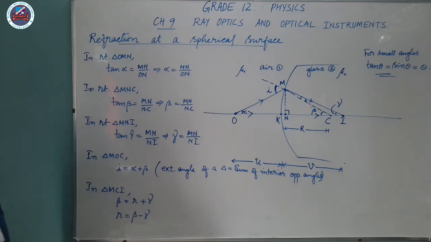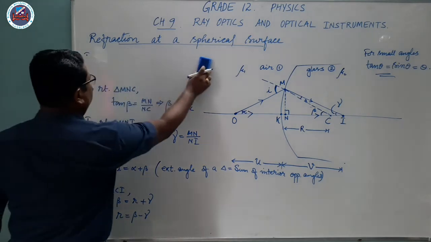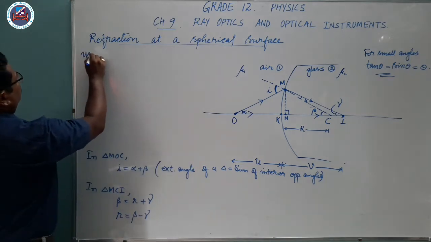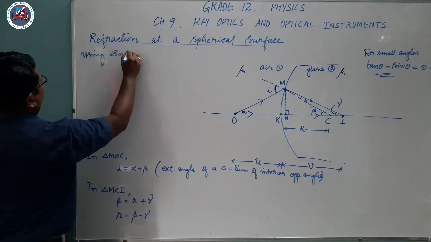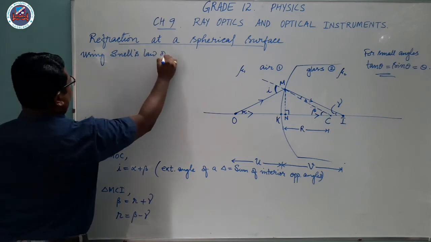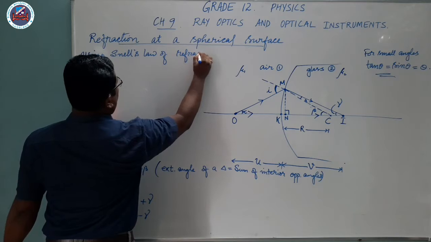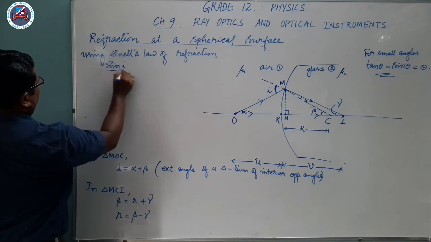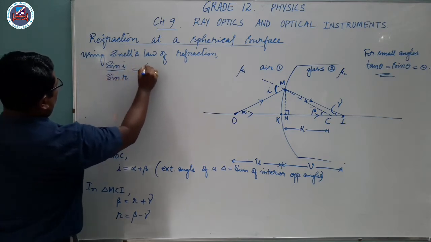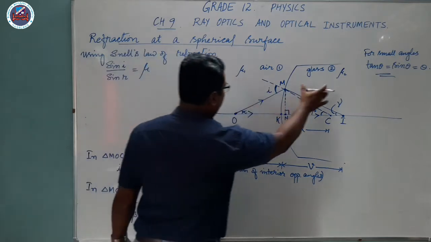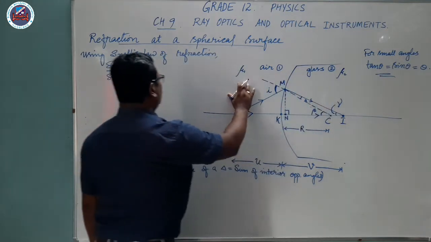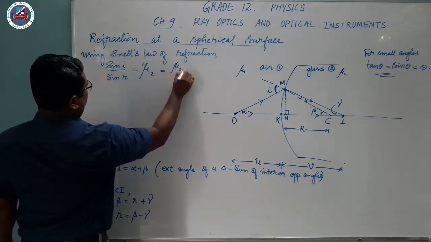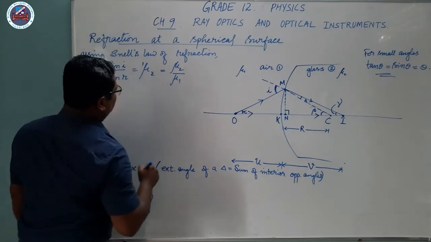Then by using Snell's law of refraction, sin I by sin R is equal to the refractive index of light passing from air to glass, refractive index of second medium with respect to first, or refractive index of second medium divided by refractive index of first medium.